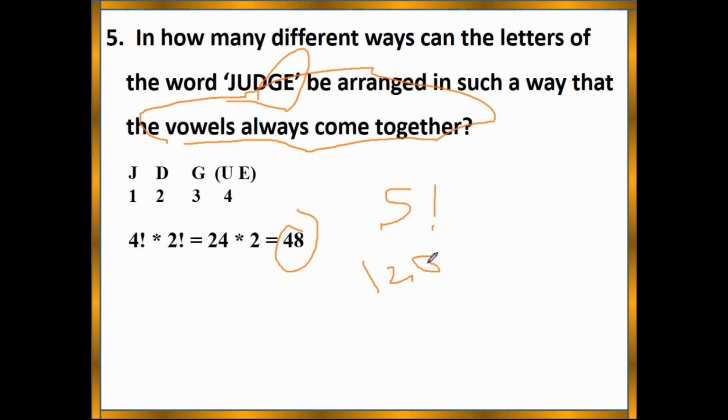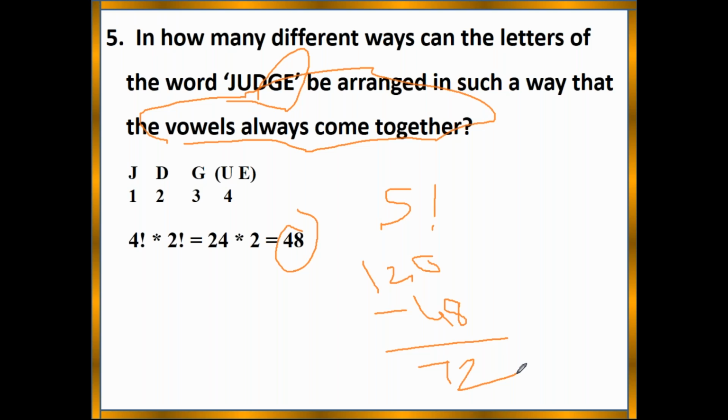So in 120, there are words in which the vowels always come together and words in which the vowels never come together. Out of 120, 48 are the words where the vowels always come together. It means the remaining 72 are the words where the vowels never come together.